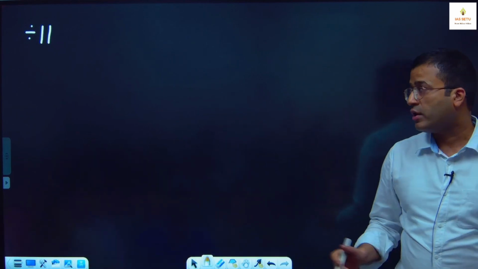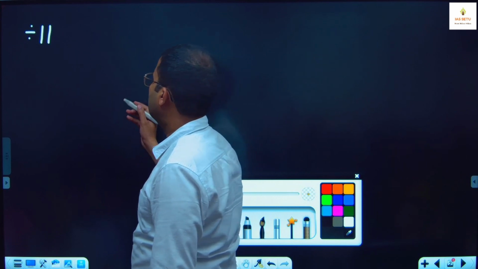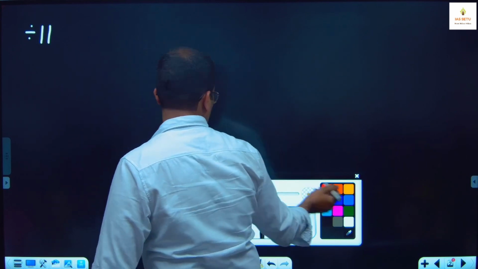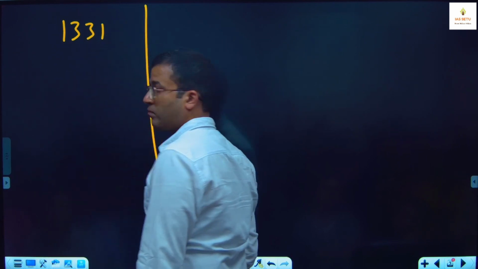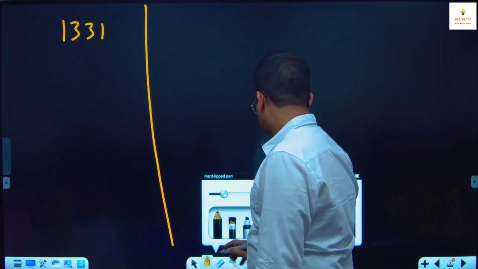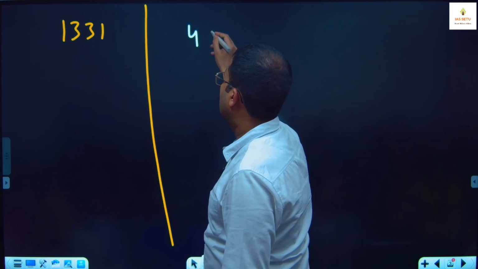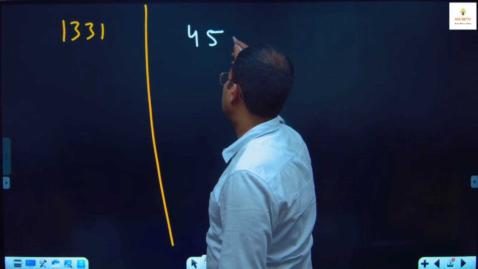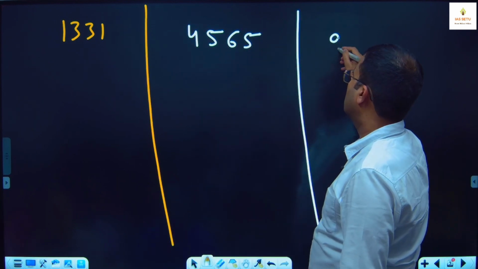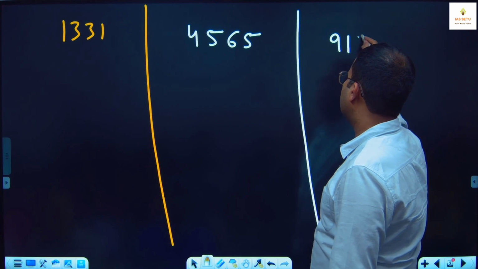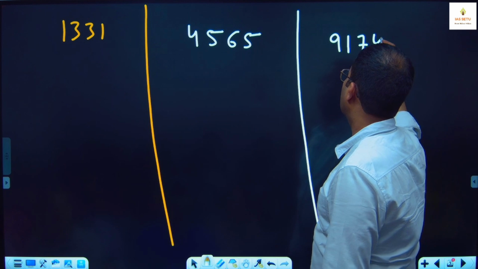Okay, now here for example, 1331, ठीक है, 4565, 9174.